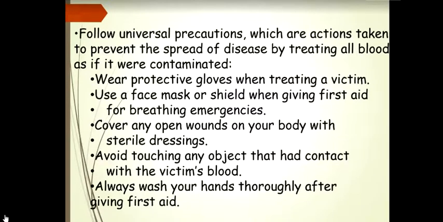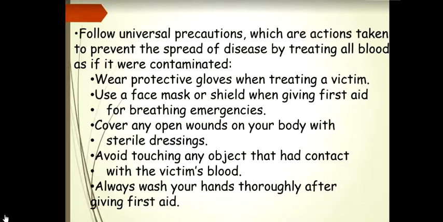Covering any open wounds on your body with sterile dressings, even on those of the child or the injured person, is very important. This is critical because it helps prevent onset of sepsis and infection. Avoid touching any objects that had contact with the victim's blood as well.